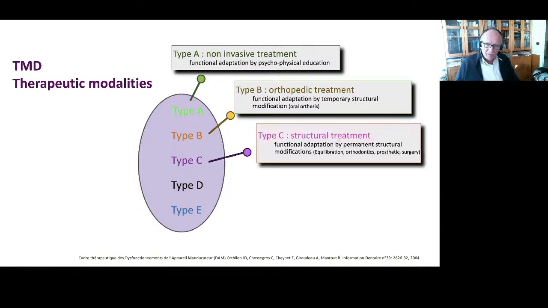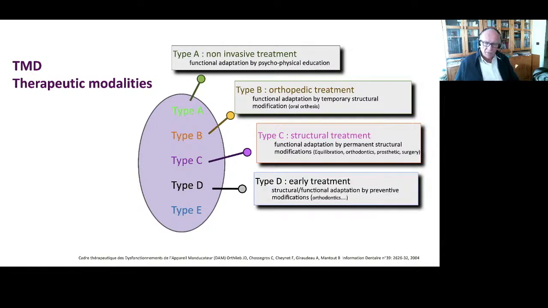The type C is invasive treatment, structural treatment, modification of the structures: occlusal adjustment, orthodontic, prosthetic treatment, surgery, and so on. The type D is early treatment to prevent dysfunction, like regular orthodontic treatment in a young patient.